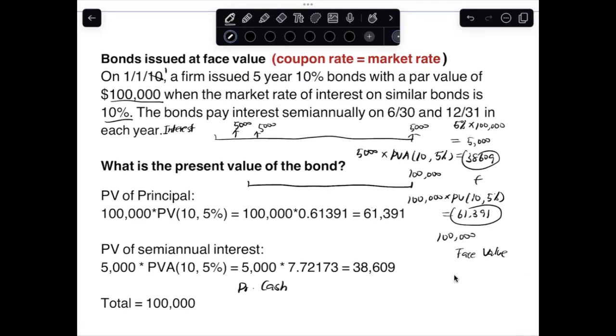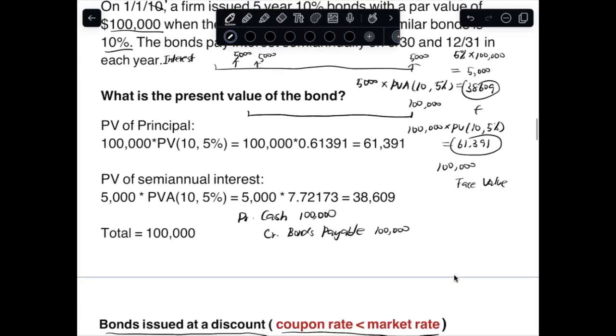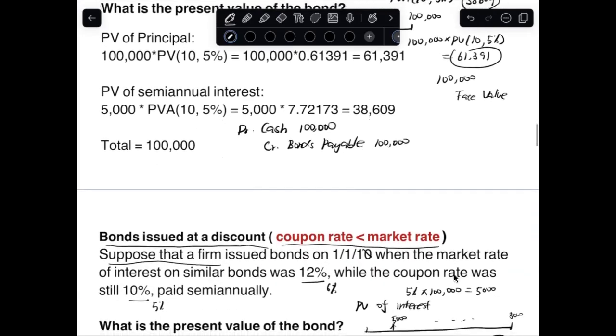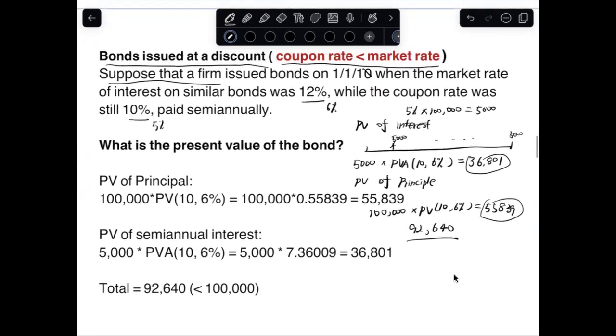So debit cash 100,000, and credit bonds payable. That's a liability. So debit asset, credit liability. So the right-hand side of the balance sheet increases and the left-hand side of the balance sheet increases.